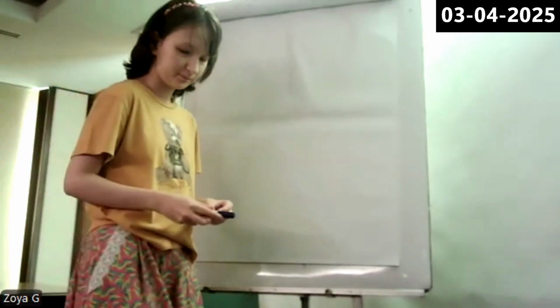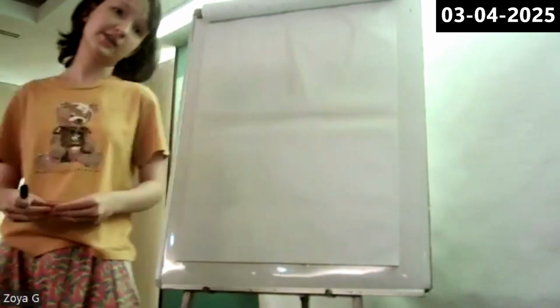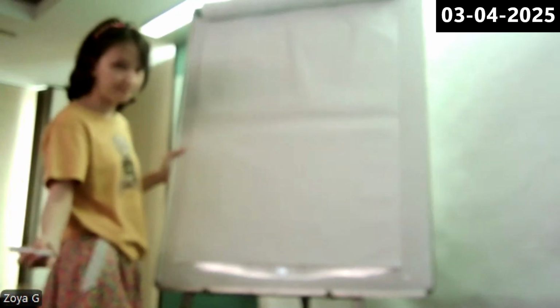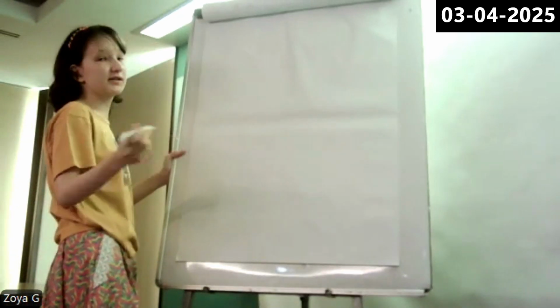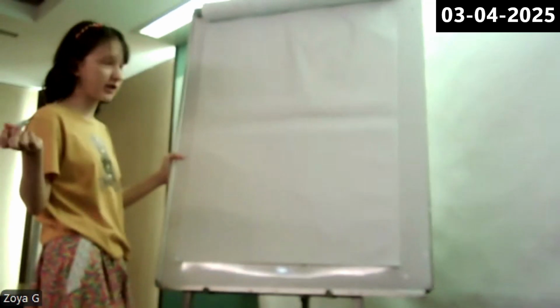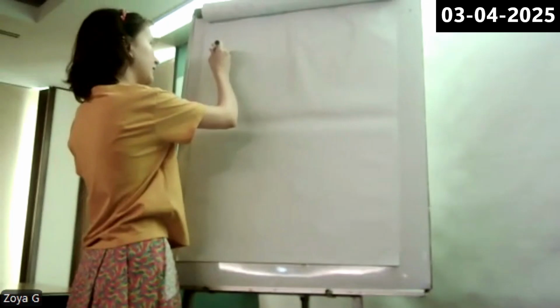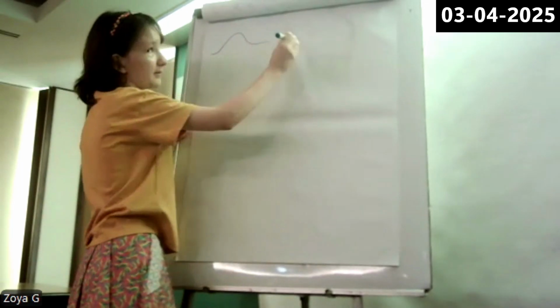Now, the solutions to the Korteweg-de Vries equation are waves, obviously. The equation describes shallow water waves. So its solutions will look graphically something like this.